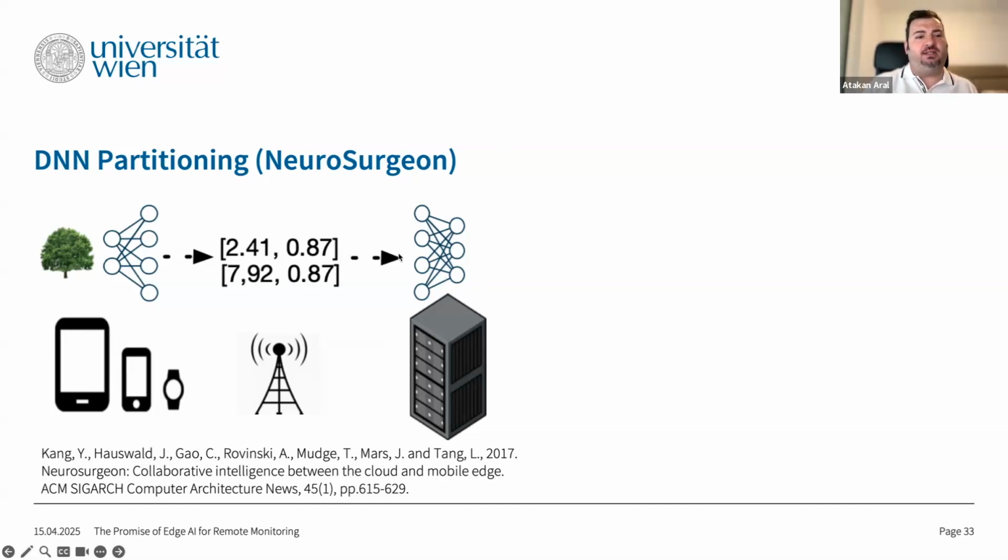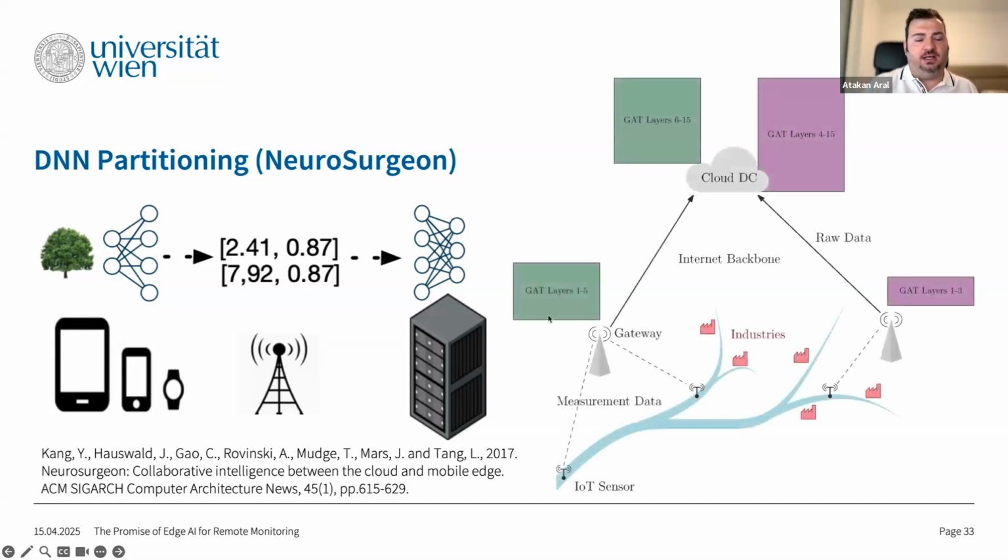And the idea is that your data is private, and you also send less data to the cloud, and you use some of the processing power at the device. And in our case, some layers of the graph attention network were conducted on the Raspberry Pi, depending on the capacity of the Raspberry Pi, and also depending on the energy availability.